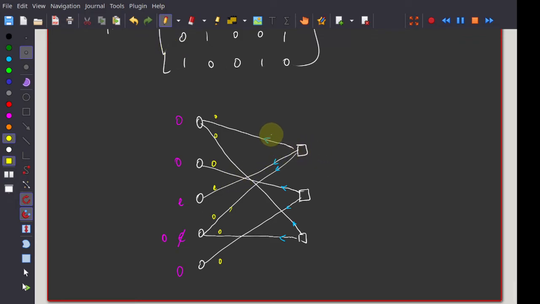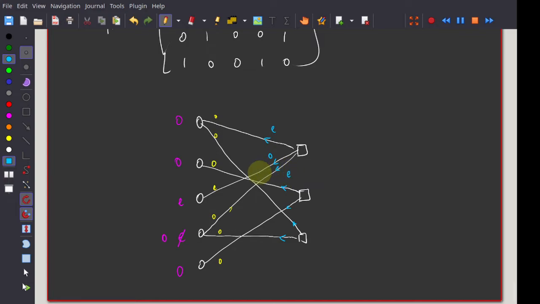Okay, what should this message be? Erasure. What about this one? It has two other neighbors, and both incoming messages are 0. So the outgoing message is 0 XOR 0, which is equal to 0. What about along this particular edge?